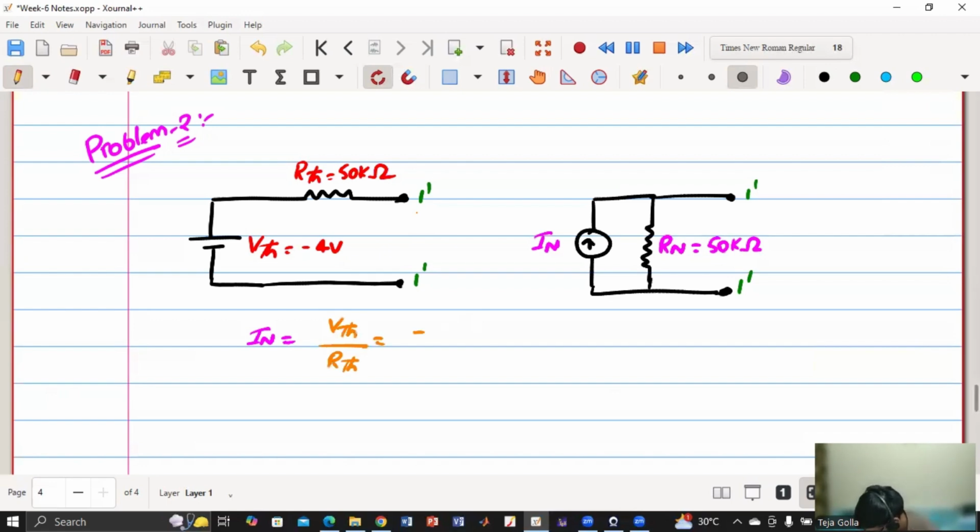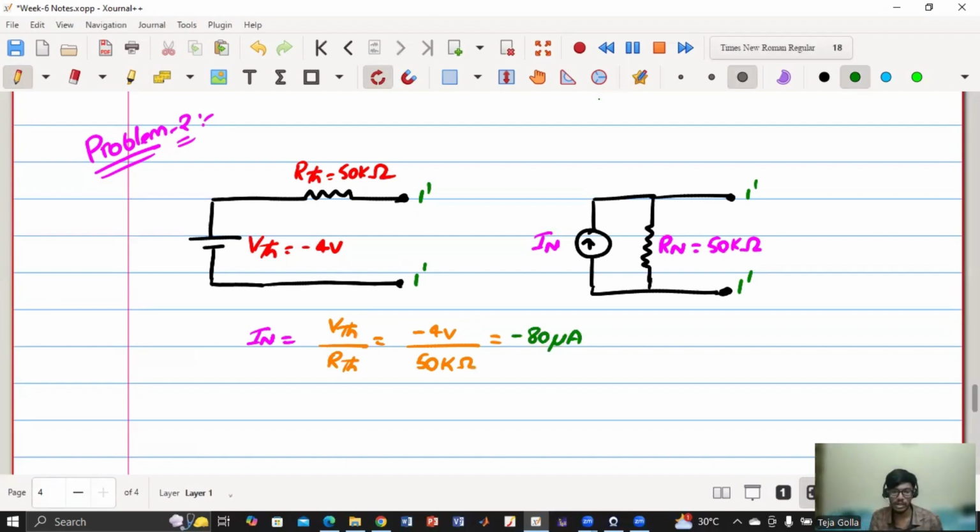So we have minus 4 volt by 50 kilo. Can someone tell me in terms of micro what this will be? I Norton in microamperes, 50 kilo ohm. Anyone? 80. Yes, Bone, you are right. So this is minus 80 microampere.